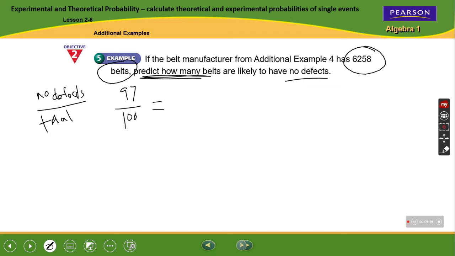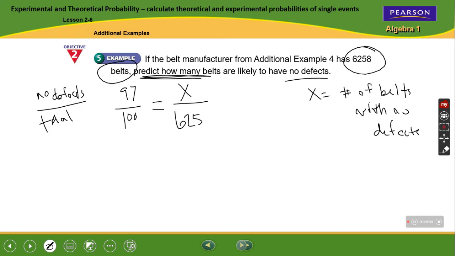And we want to do the same thing over here. So how many will have no defects? We don't know yet. x equals the number of belts with no defects. How many of these will have no defects out of a total of 6,258? Well, we have to solve for x here.